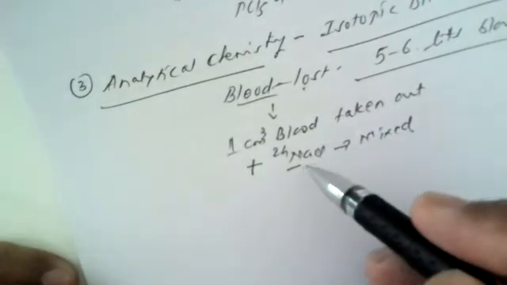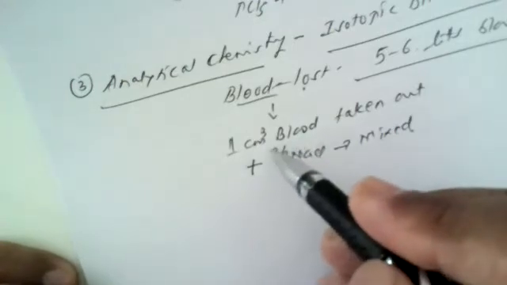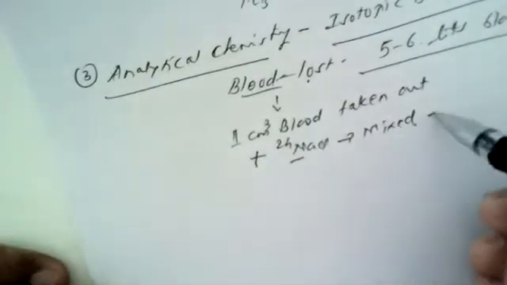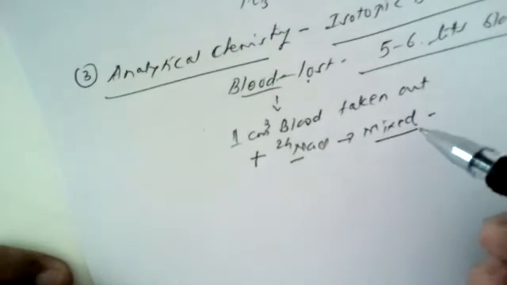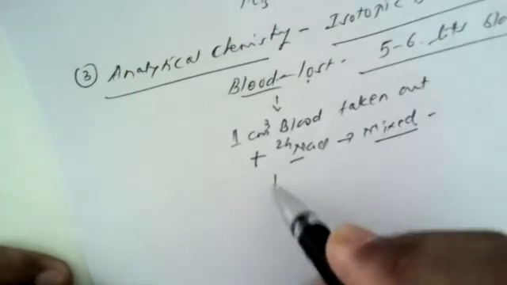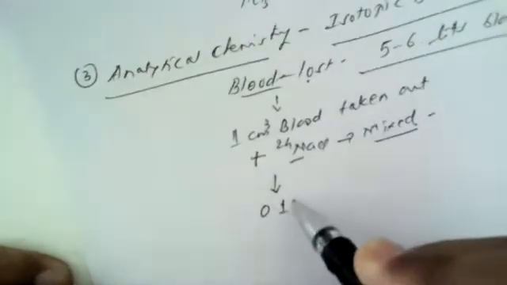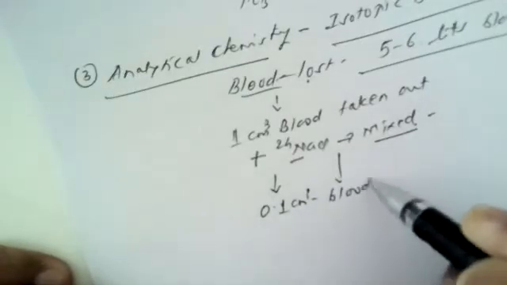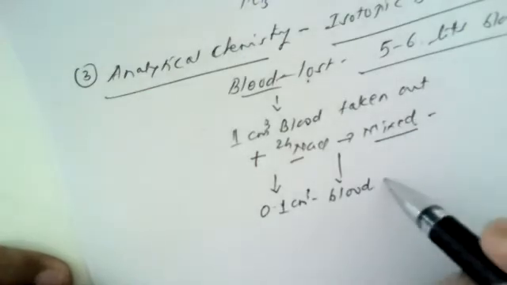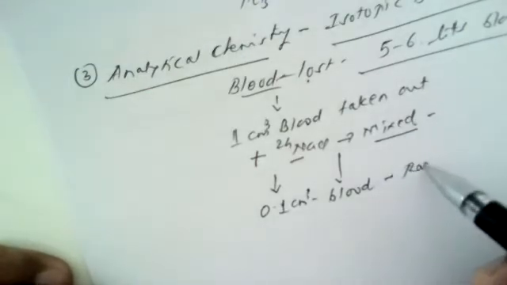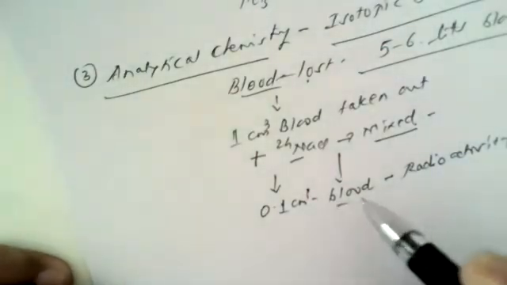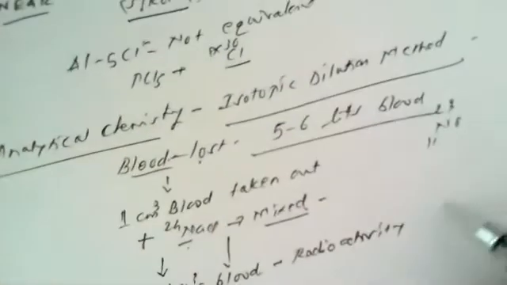When this is mixed with the 1 cm cube of blood taken out from the patient, the blood is very thoroughly mixed, and again 0.1 cm cube of this blood mixed with the radiosodium is taken, and the radioactivity of this blood which contains radiosodium is measured.